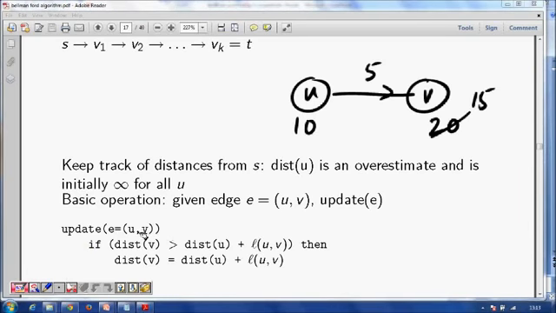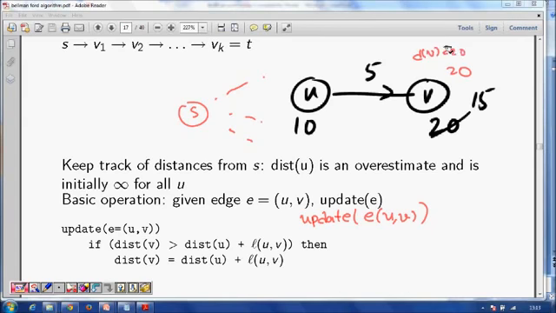So we have update. I think update is a better function name than relaxation. So we have update edge (U, V). What it means is, let's say there is a source and some graph like this, and now let's say we are here. Initially D of V was 20, and D of U is 10.